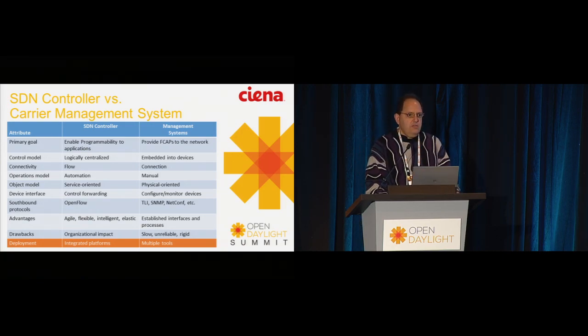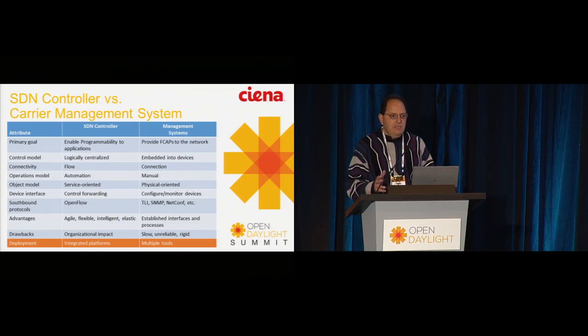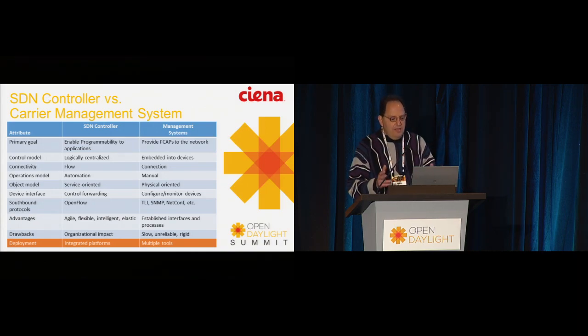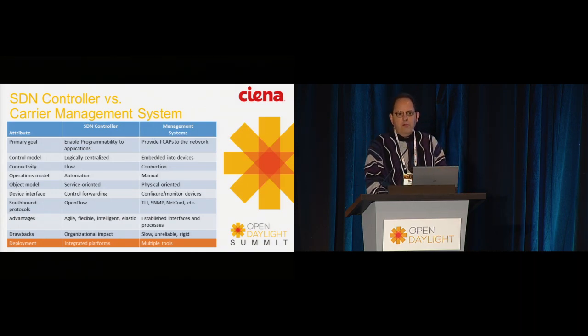Connections might just stem for segments of the network. They're not really an end-to-end concept until you get very, very high up in the hierarchy and awareness. It's really about connecting devices, connecting physical constructs. And it's a different model than this flow-based model that's really up-leveled to where services are being delivered.